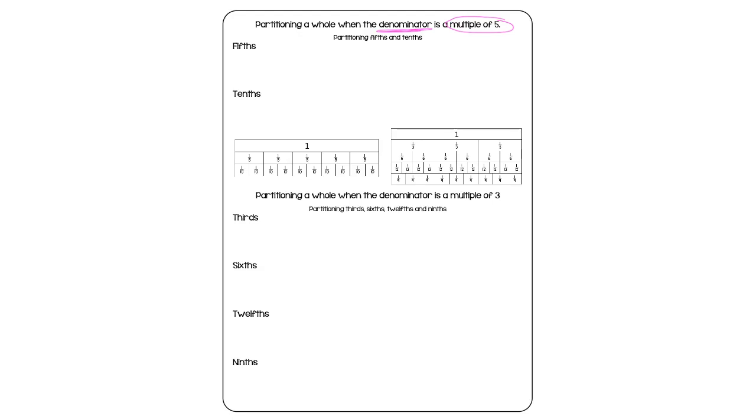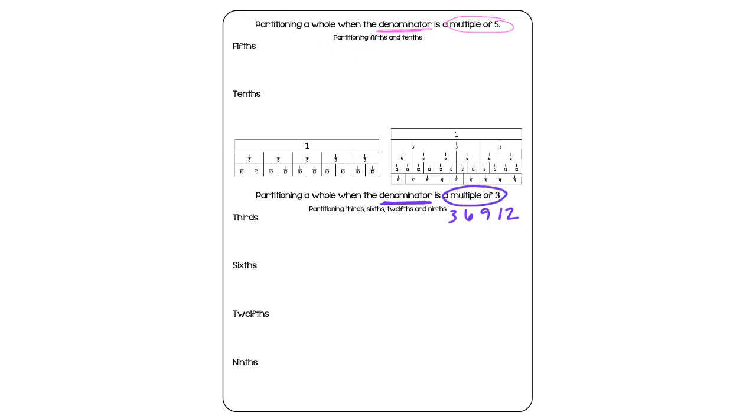We got to circle it. So when the denominator is a multiple of 3, we know 3, 6, 9, 12, all multiples of 3. These are a little bit harder than splitting them in half, so we're actually going to do 4 on each one.